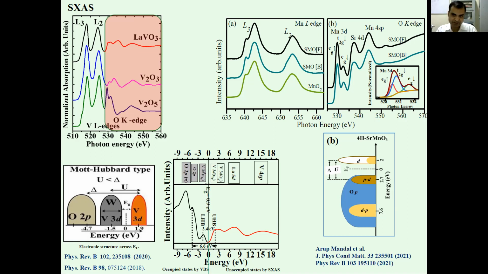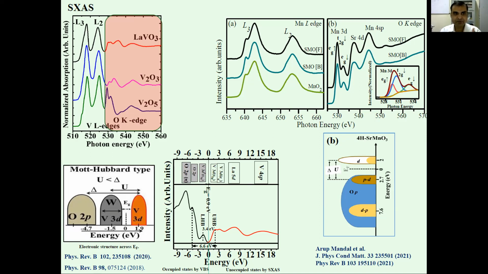Of course, since we are probing the unoccupied states only, therefore the higher the unoccupancy in a given state, the higher will be its intensity. That kind of precaution one should always take care of. Okay, so that is what we can get as far as X-ray absorption spectroscopy is concerned.